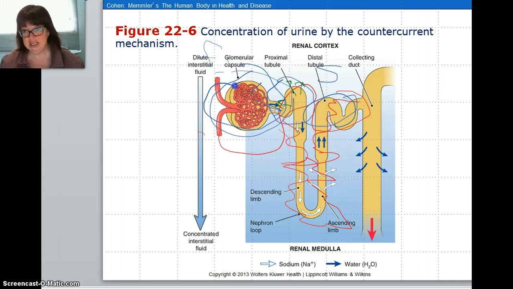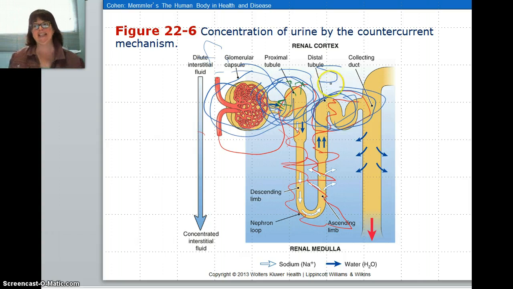Filtration is in the glomerulus. Reabsorption occurs in the proximal tubule, and secretion and fine tuning is done in the distal tubule. Now, there is water fine tuning that occurs in the loop of Henle, and we'll look at that next. The loop of Henle, or the nephron loop as it's called.